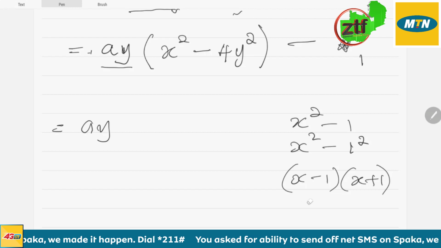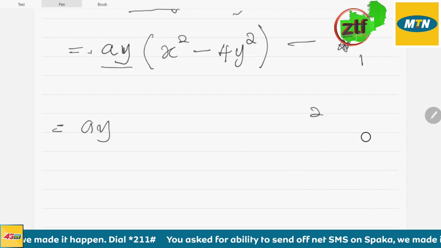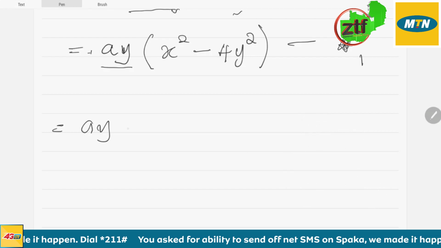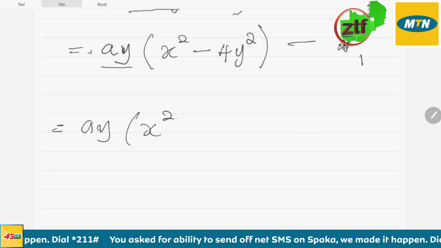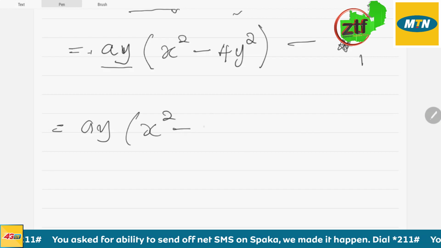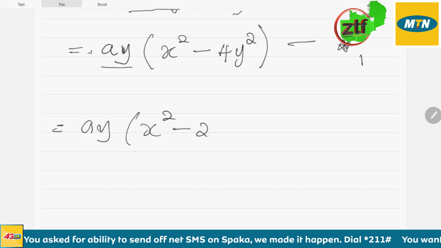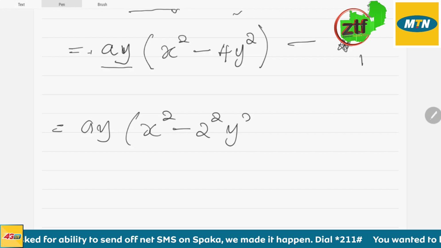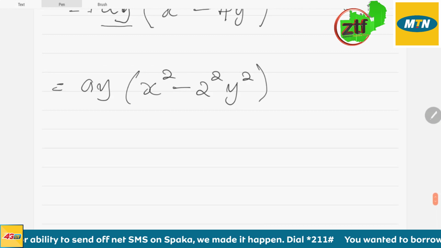ay, then the term inside the brackets can be written as x squared minus, then I'll find the square of positive 4, which is 2 squared, then y squared, like that.